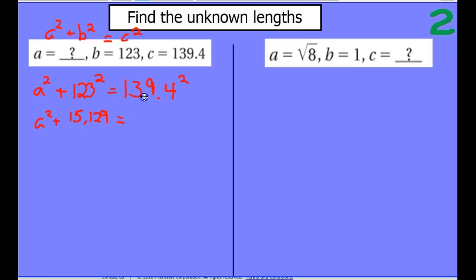Then we're going to find out what 139.4 squared is. So 139.4 times 139.4 gives us 19,432.36.